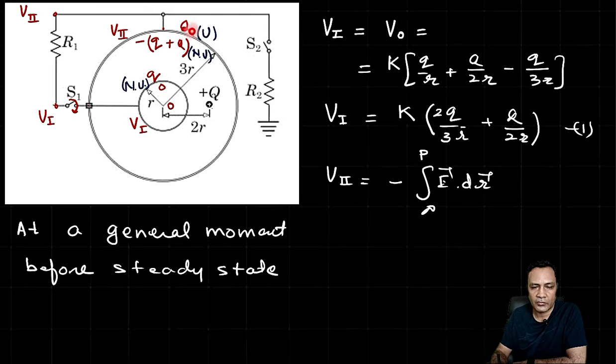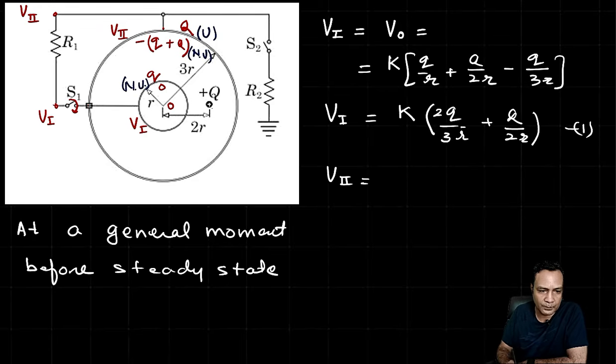If I come here, at a general distance r dash, that will be electric field kq dash by r square. So because of this electric field, if you integrate, the potential will be k capital Q divided by this radius. So that way we can write the potential of shell 2. So potential of shell 2 is kQ divided by, what is the radius, 3R.